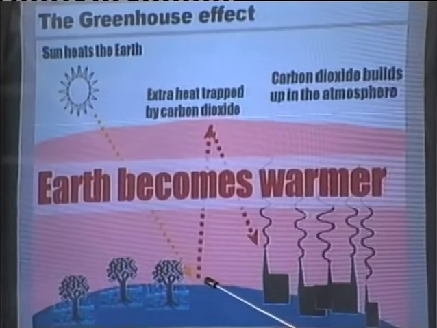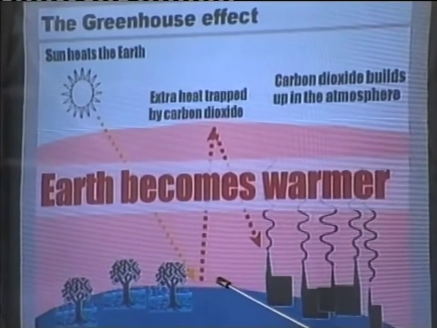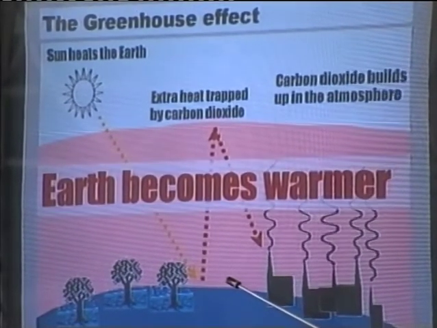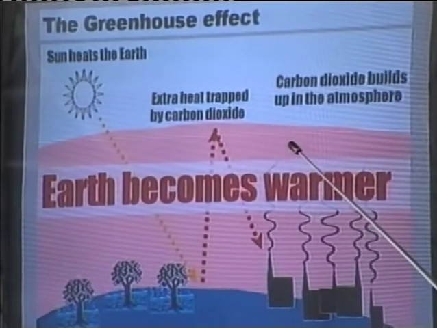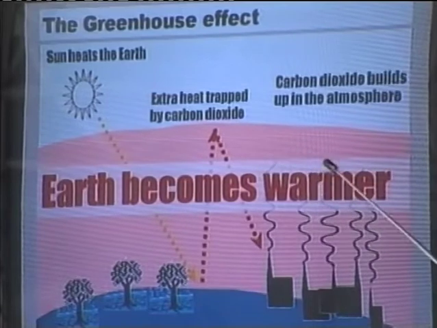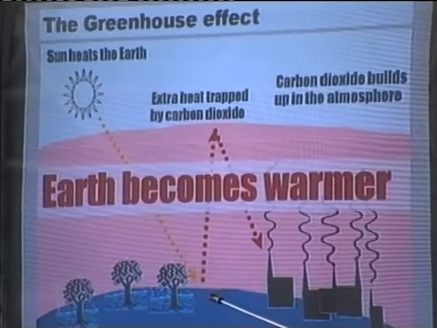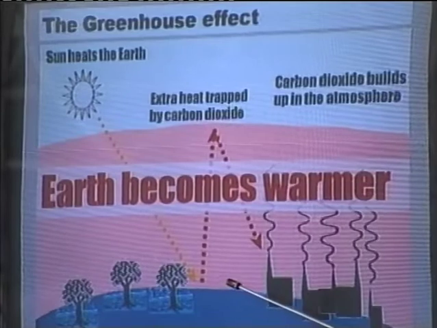The trapping of the heat is mainly a result of the buildup of the carbon dioxide gases within our atmosphere, which does not allow it to escape, because it is trapping.